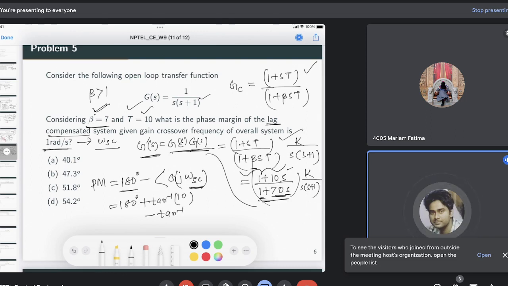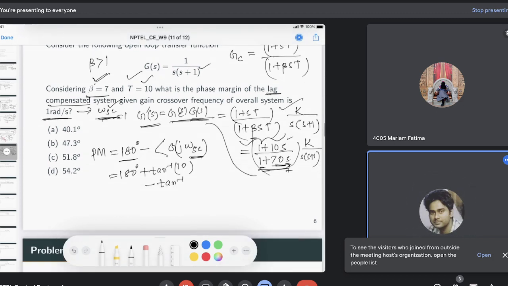Instead of s we put j omega gc, and omega gc is 1. So for the compensator we put omega gc: 1 plus j10 in the numerator, and in the denominator 1 plus j70.